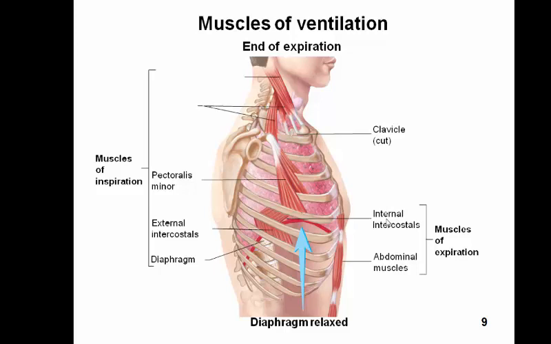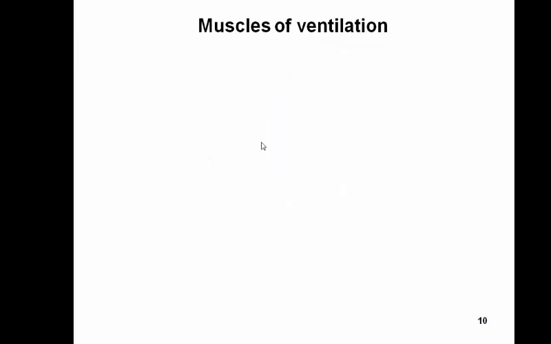But when we're exercising, we see additional muscles helping to play a role in separating the ribs from each other, and that's the pectoralis minor, the scalene muscles, and the sternocleidomastoid muscles will all function to help create that separation to increase the volume of the thoracic cavity, pull the pressure down, create a greater vacuum, pulling more air into the lungs.